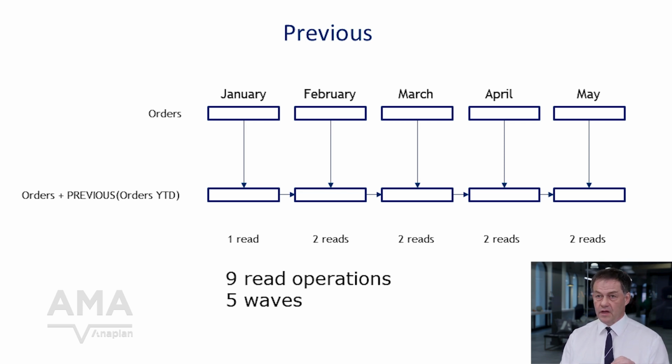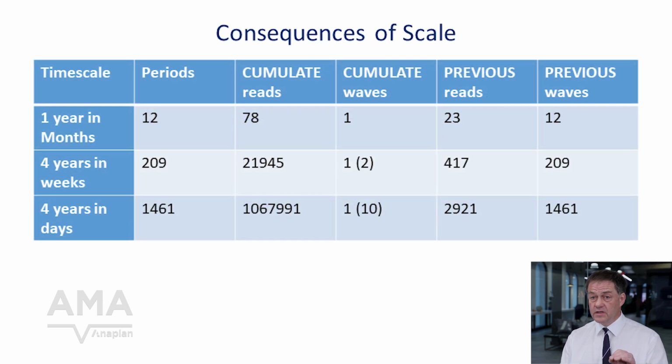And so you'd think that Cumulate, despite being less efficient, was the quicker way of doing these calculations. But it all depends on the scale, and in particular, how many periods there are in the time period. So in the time scale, if, for instance, we only have 1 year and it's in months, then you can see the Cumulate only is 6 times more operations than the previous method.